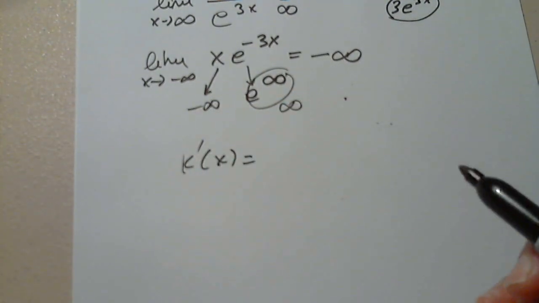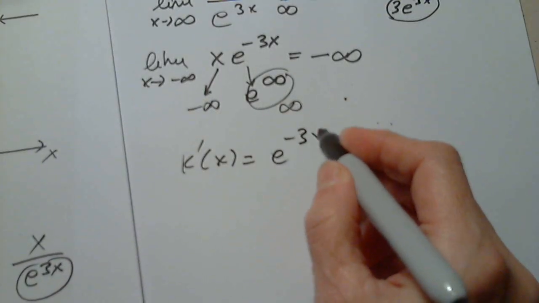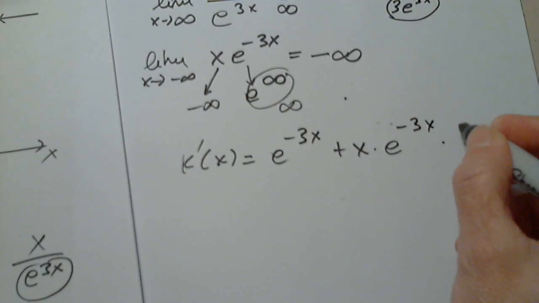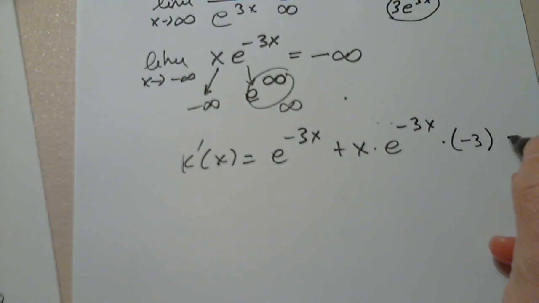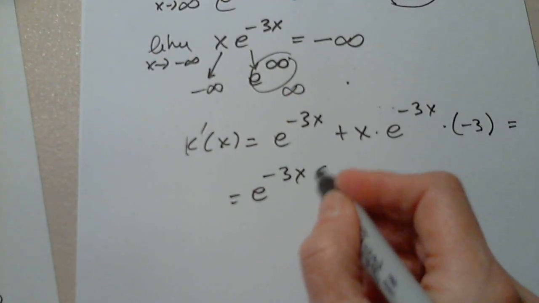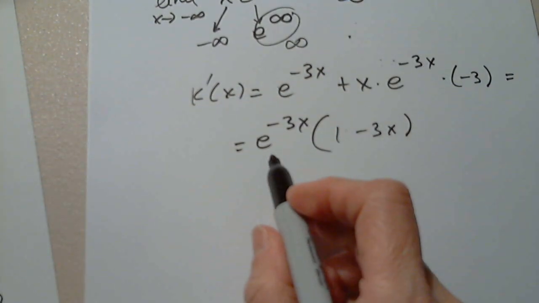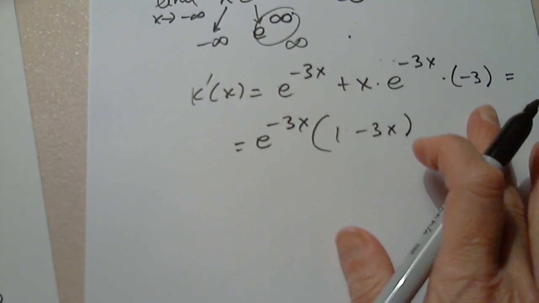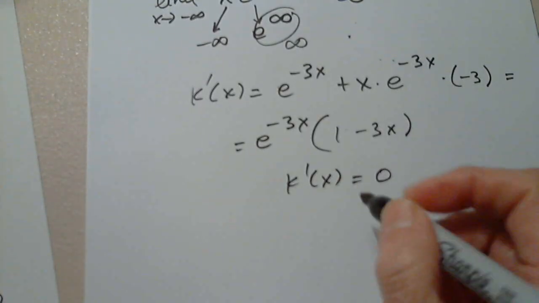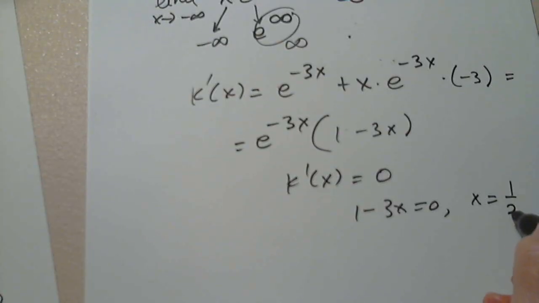So let's say, the first function prime is 1 e to negative 3x plus x times e to negative 3x times negative 3. I will factor out e to negative 3x, and I have 1 minus 3x, and this can never be 0. The function is never undefined, but k prime of x can be 0, and 1 minus 3x is 0 when x is 1/3.